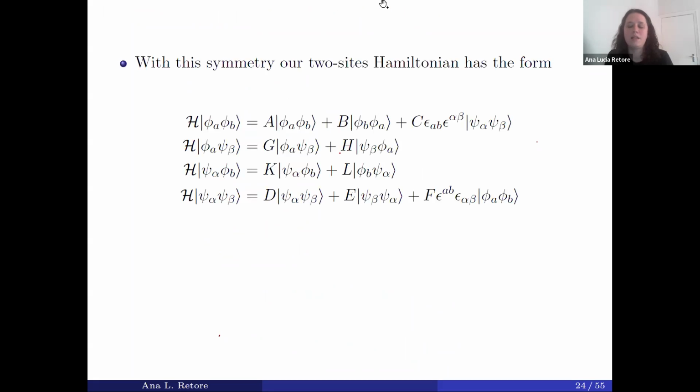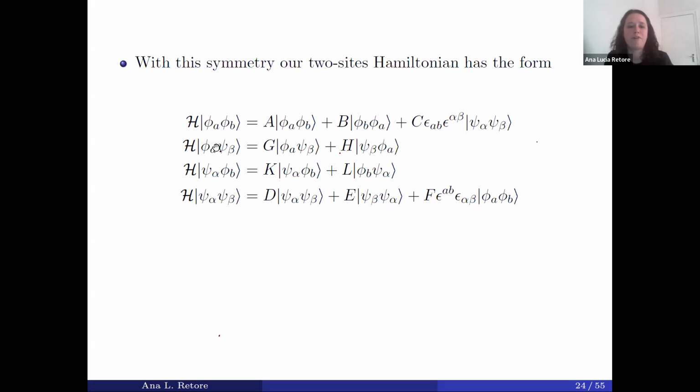And if you require that it has SU2 plus SU2 symmetry, it restricts to this. You have that the Hamiltonian acts on phi, gives you this. So it gives you phi back, the one with opposite order, plus the psi.